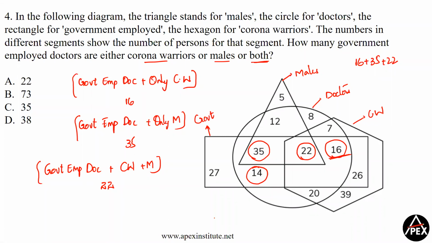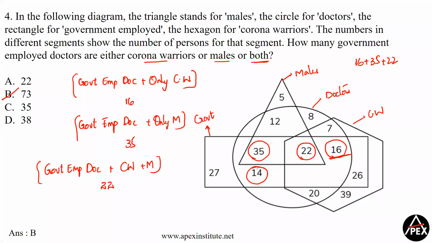So how many of you have solved like this? Okay. Do we have any other method? Yes. So we have 35, 22, 16 and 14, these four regions, isn't it? We want government employed doctors who are either corona or males.